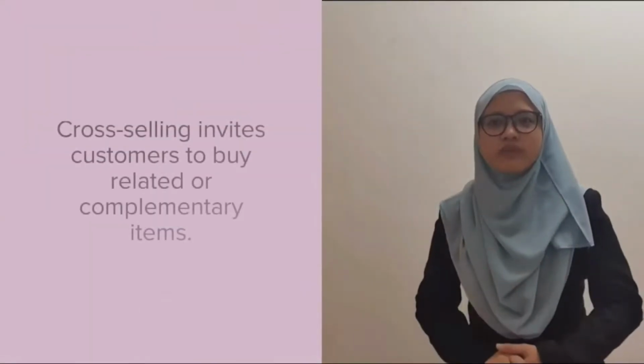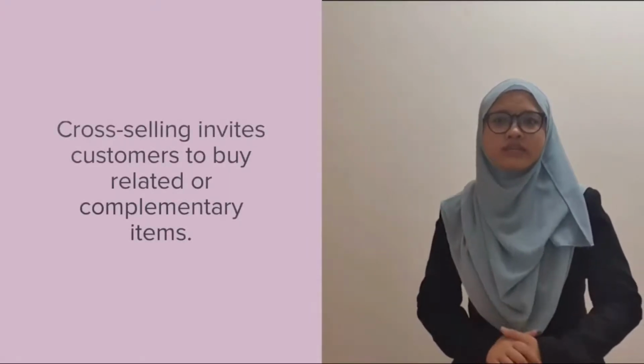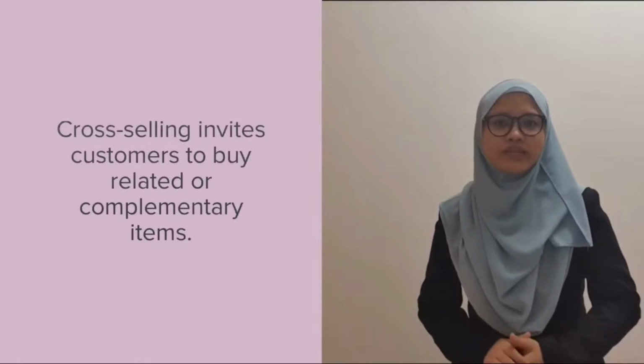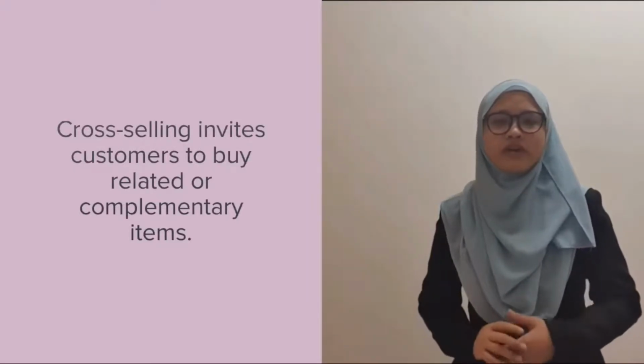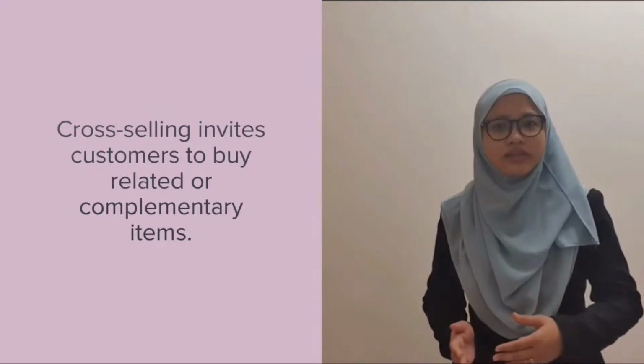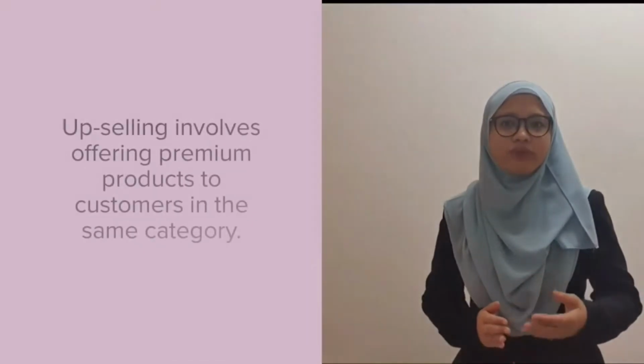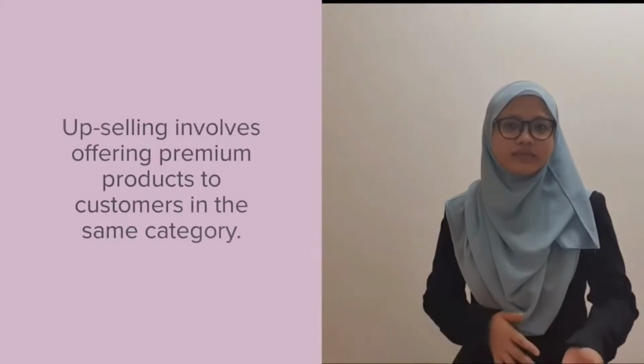Second, to improve the ability of cross-selling and upselling of products. Cross-selling invites customers to buy related or complementary items. For example, a sales representative at an electronic retailer suggests that the customer purchasing a digital camera also buy a memory card. Upselling involves offering a premium product to the customer in the same category.